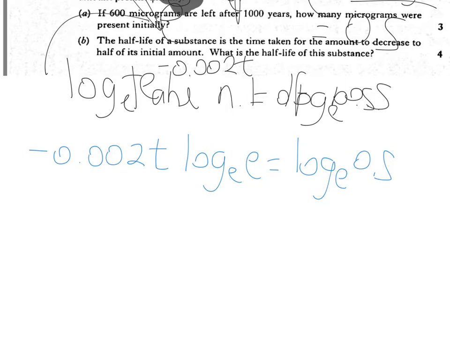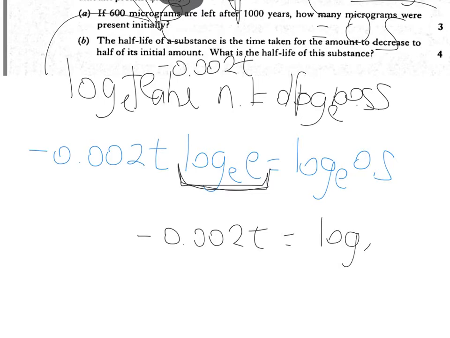Now, we know that it's a law that log to the base a of a, log to the base 5 of 5, log to the base 2 of 2, log to the base e of e is equal to 1. So that will collapse down to minus 0.002t equals log to the base e of 0.5.